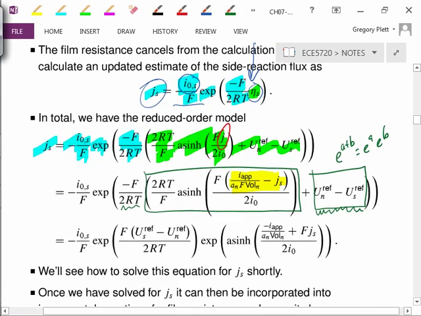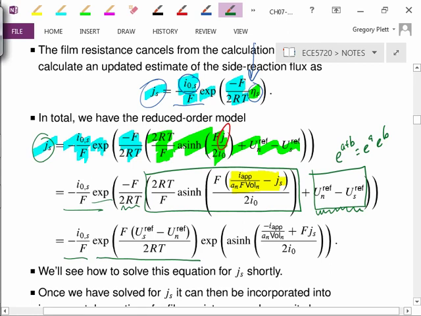And in the next line we have Js has that constant out front, and the exp minus f over 2RT times un minus us. The minuses switch things around, so I get expf times us minus un over 2RT. That gets factored out.